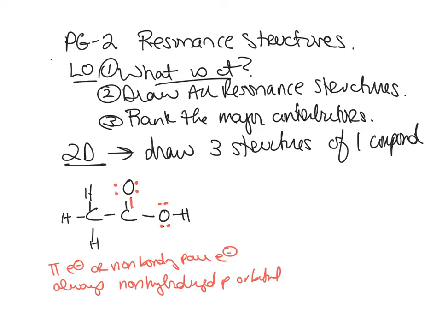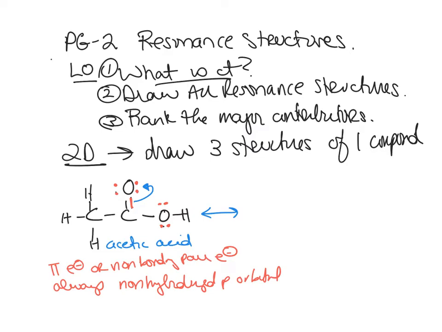So to represent this, this acetic acid structure is not a true representation of acetic acid, but rather we use this special double-headed arrow here to say that they're equal, they're the same, and we can move these electrons.